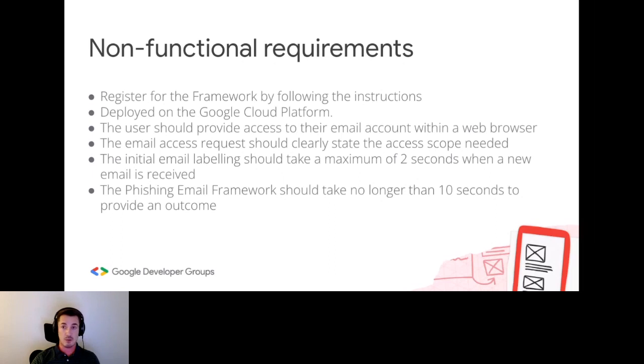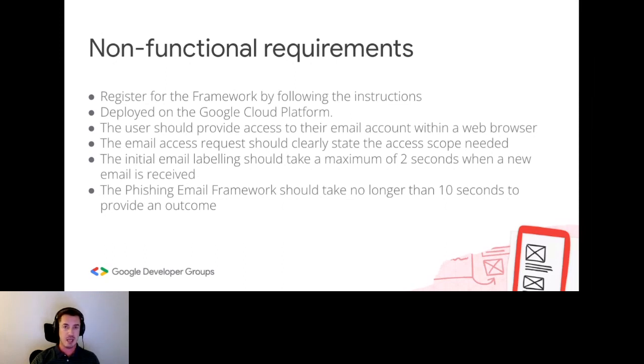We would not be able to deploy to any other public cloud provider or private one without doing any modification, just because this has been specifically built for Google Cloud Platform. The user, by following that step, will need to provide consent to the mailbox within a web browser, and the email access request should clearly state which scope we need.